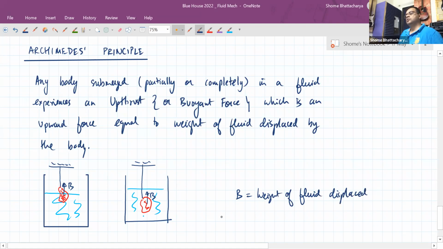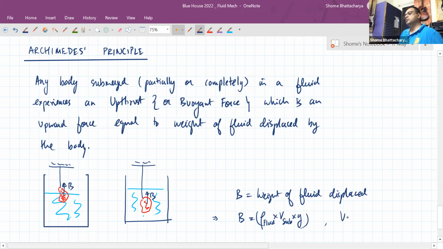Sir, can you explain this point again? Yeah, it's just written over here. There's nothing further to explain. It's in the definition. The buoyant force is equal to the weight of fluid displaced. So buoyant force equals, now what is the weight of fluid displaced? It is the density of the fluid multiplied by the volume of the submerged part into g.